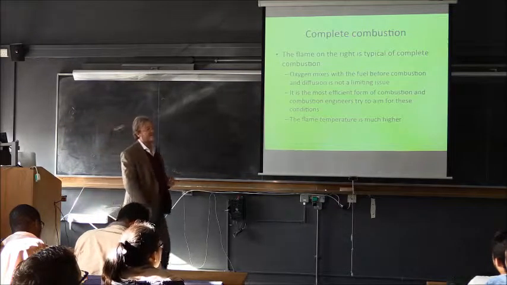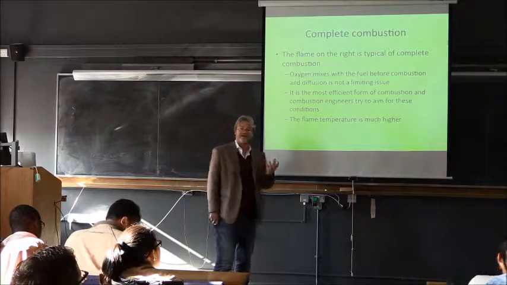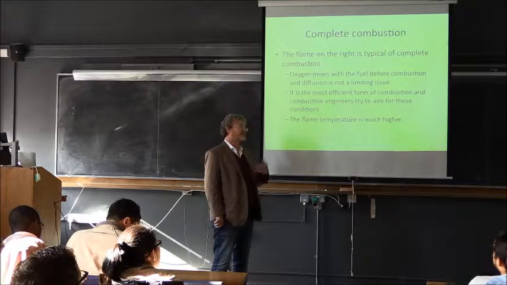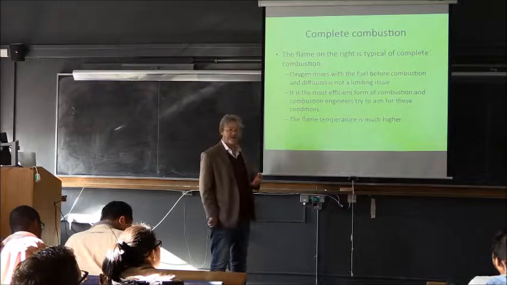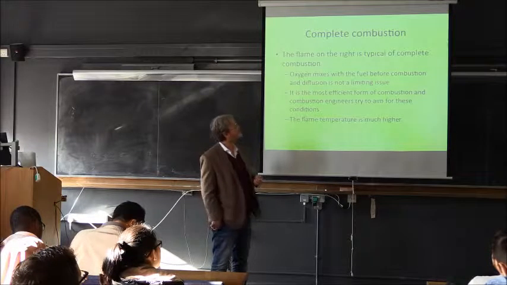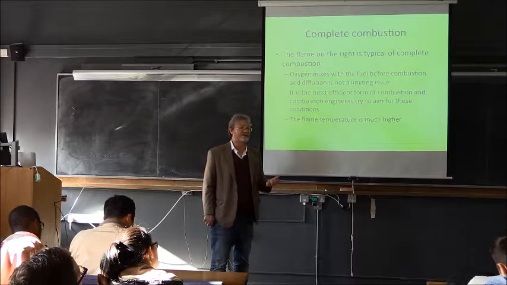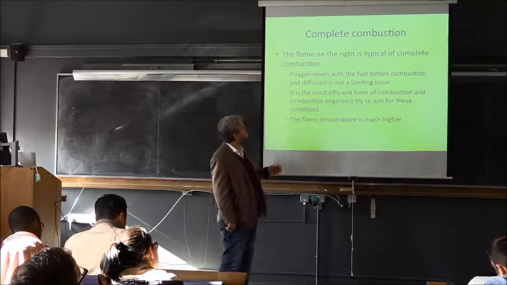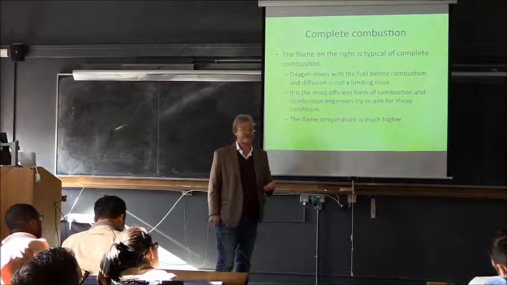Summarize complete combustion, as exemplified here on the right. What we're doing is we're getting mixing, certainly not perfect mixing, of the fuel and air before combustion, so that oxygen is much less limiting or is completely non-limiting. Most efficient form of combustion, you're getting maximum temperatures.